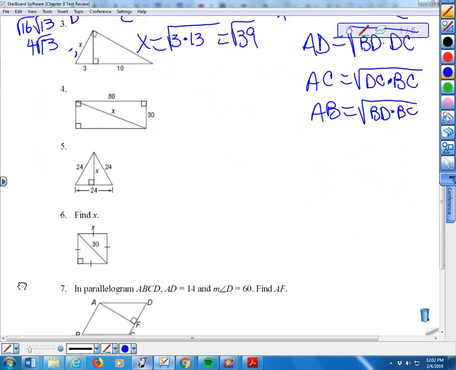Okay. How do I find x here? Anyone? Pythagorean theorem. So it's the square root of this squared plus this squared, which is, what, 7,300?